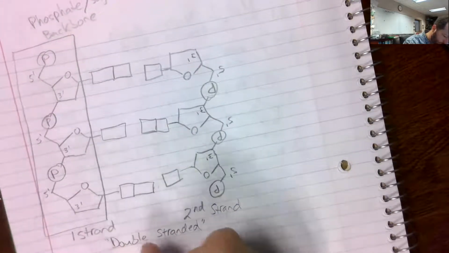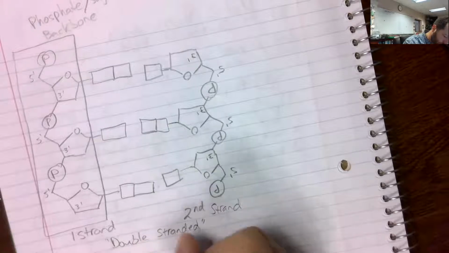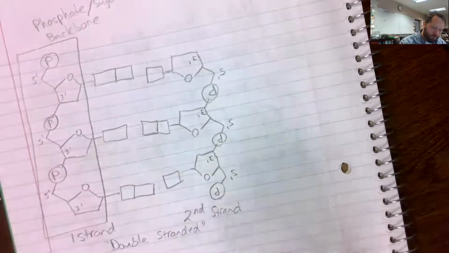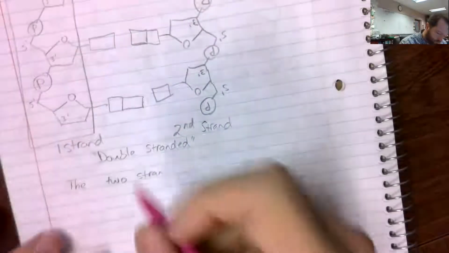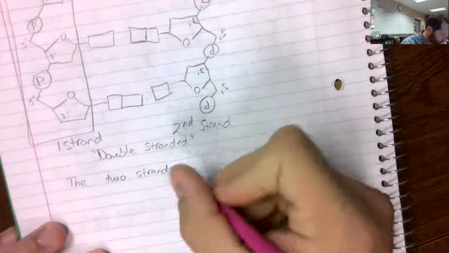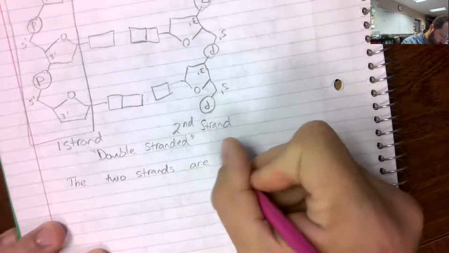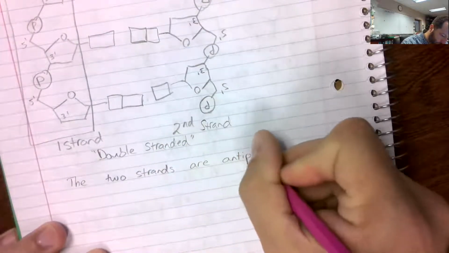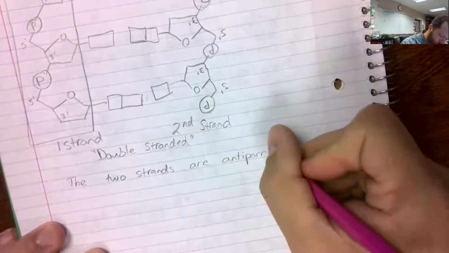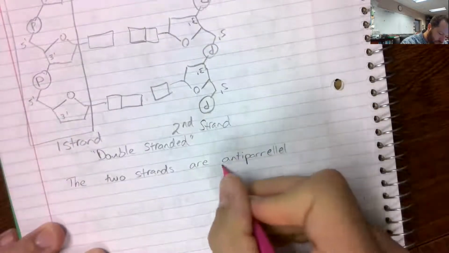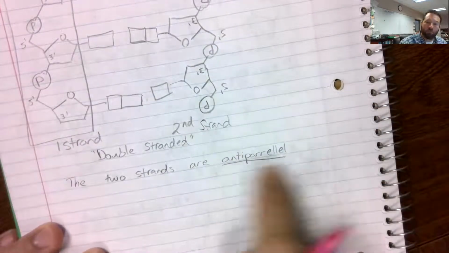Why do we turn that paper upside down? Well, those 2 strands are what we call anti-parallel.